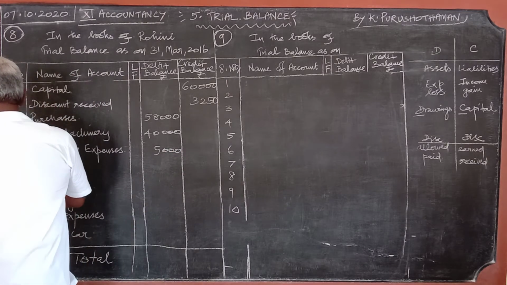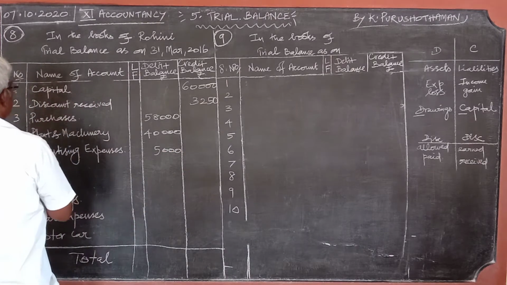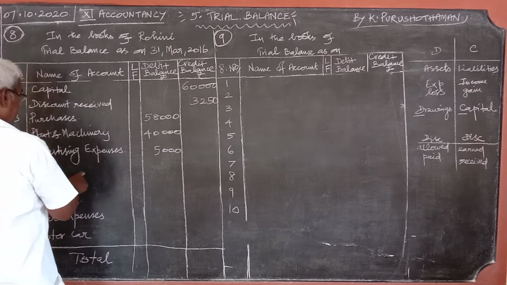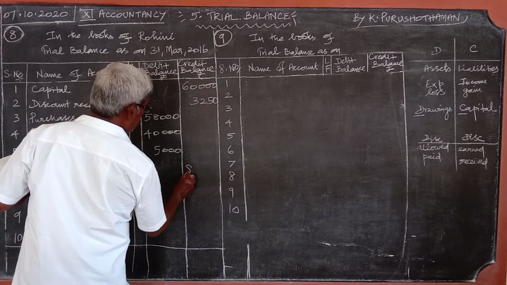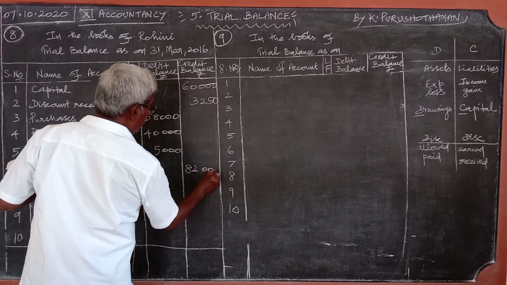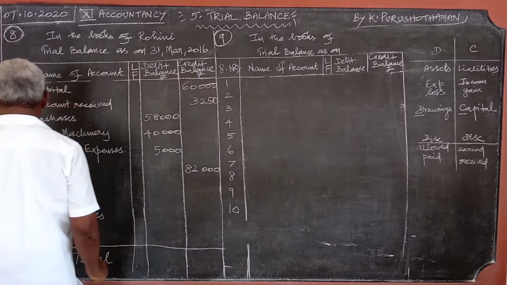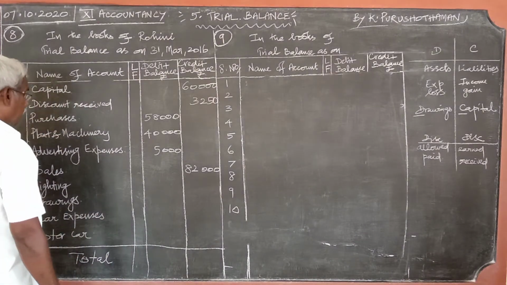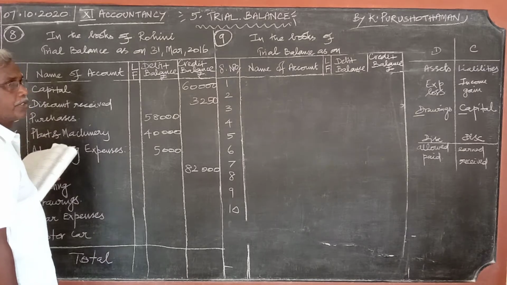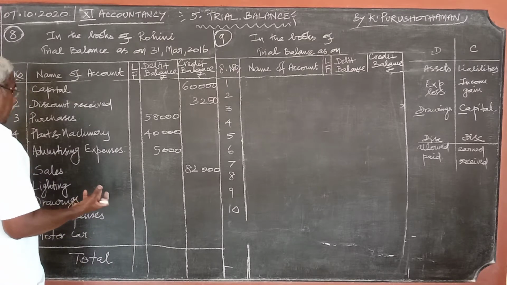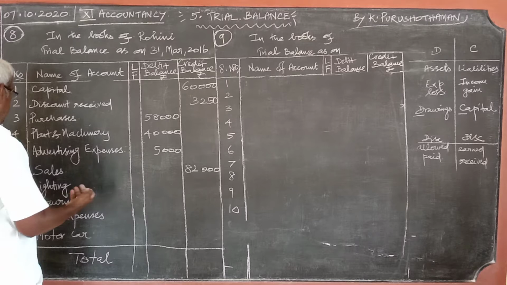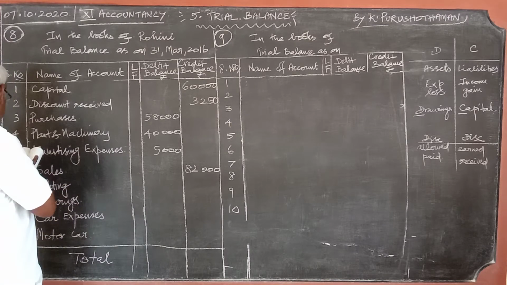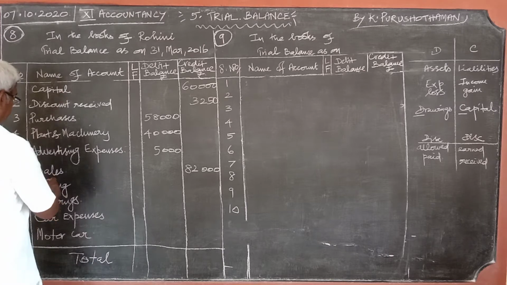Then next amount, sales. I said just now, purchases debit, sales credit. Sales 82,000. Lighting, that is to provide lighting facilities. Providing current facilities, light, that is lighting. So it is an expense. Lighting is an expense. 800.